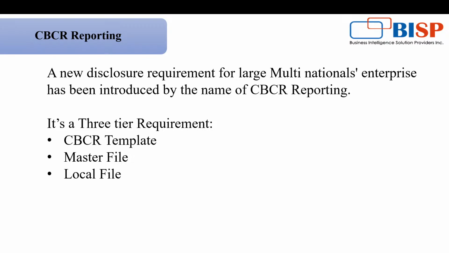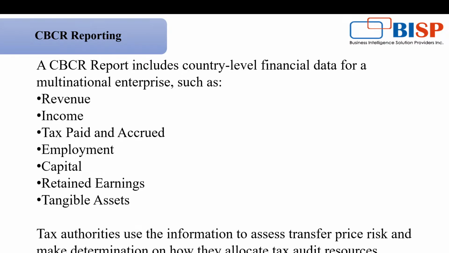Here, the CbCR template is the central reporting requirement. It captures all the quantitative information for each tax jurisdiction where the MNE operates, right? The data here include the revenue, from both related and unrelated parties. Then we have the profit, or that we can say income or loss before income tax.